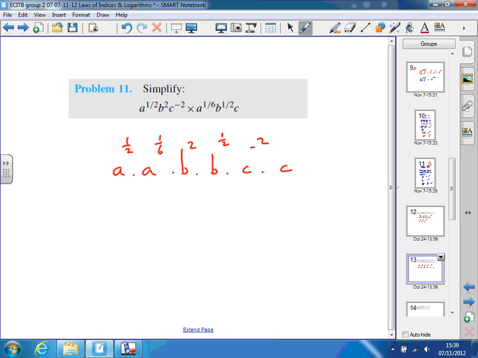So that means we now have a to the half plus a 6th, times b to the 2 plus a half, times c to the minus 2 plus 1. So I can do that.